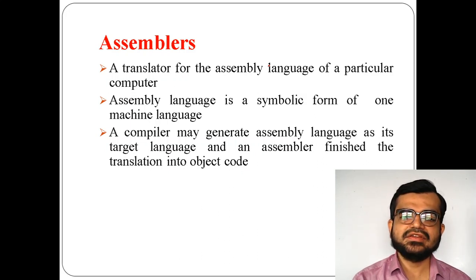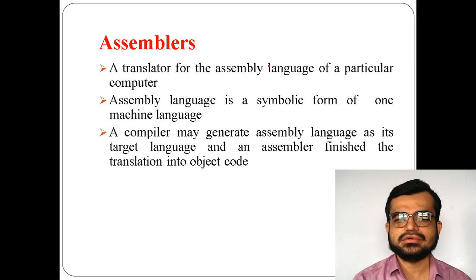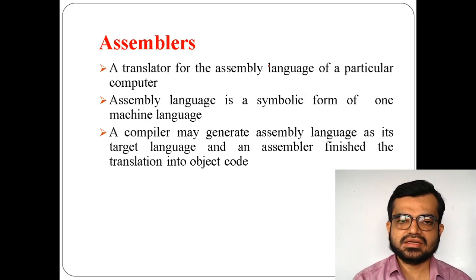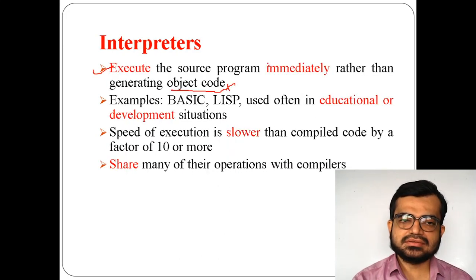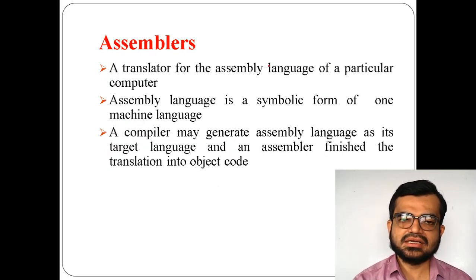But an assembler finishes the translation into object code. So an assembler will convert assembly language into object code, and a compiler can convert high level language to assembly language or else machine language. Okay, so interpreter, assembler and compiler, all of these are translators.